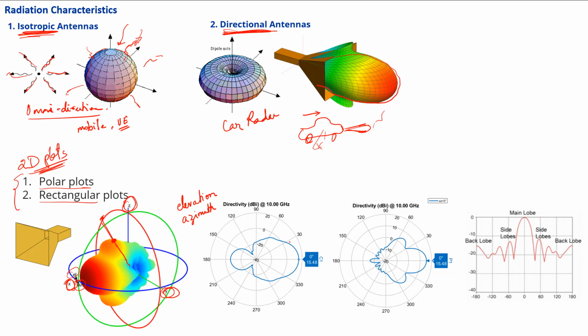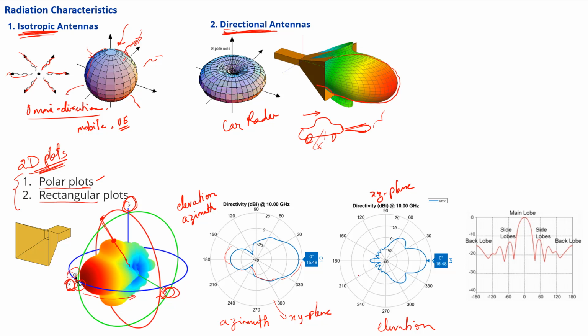For example, here we have a pattern that looks like a single lobe and a back lobe, which is the XY plane, where the azimuth angle changes, so we call this the azimuthal plane. Whereas here, this is the elevation plane, or rather the XZ plane. So this is a polar plot in 2 dimensions.